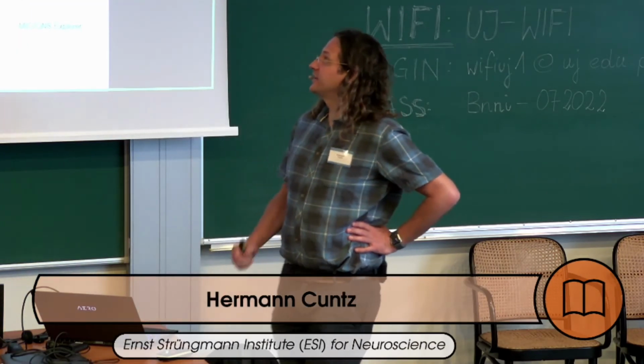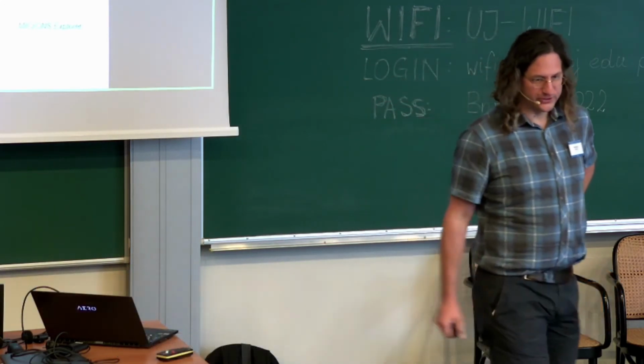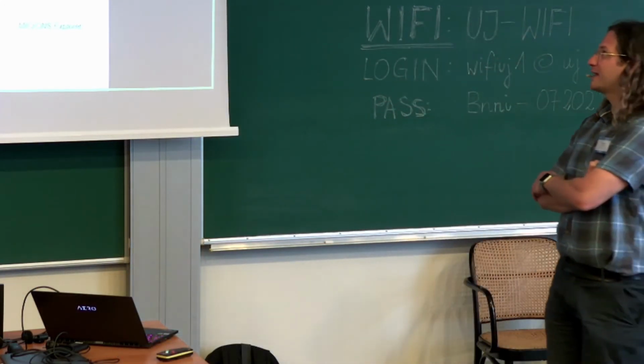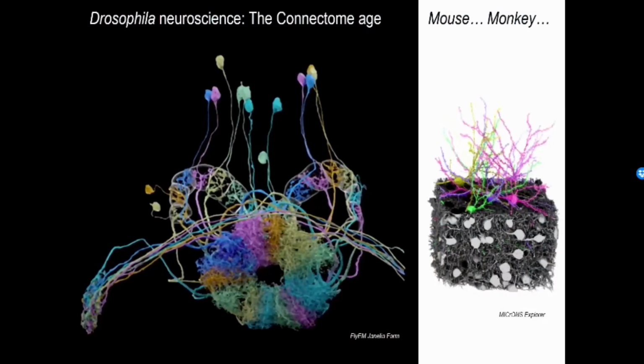I recently heard Larry Abbott proclaim that we've entered the connectome era, the connectome age, which means we now have chunks of neural tissue that are reconstructed with serial three-dimensional electron microscopy.